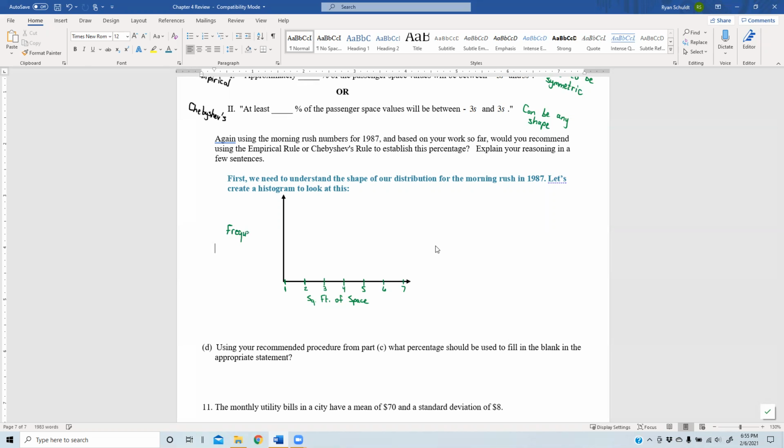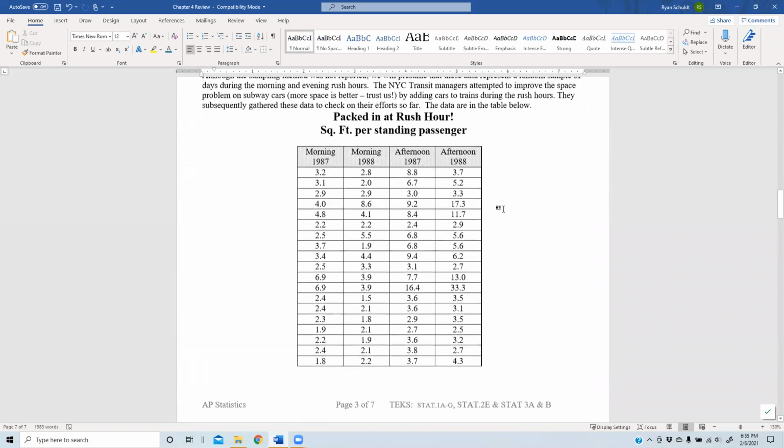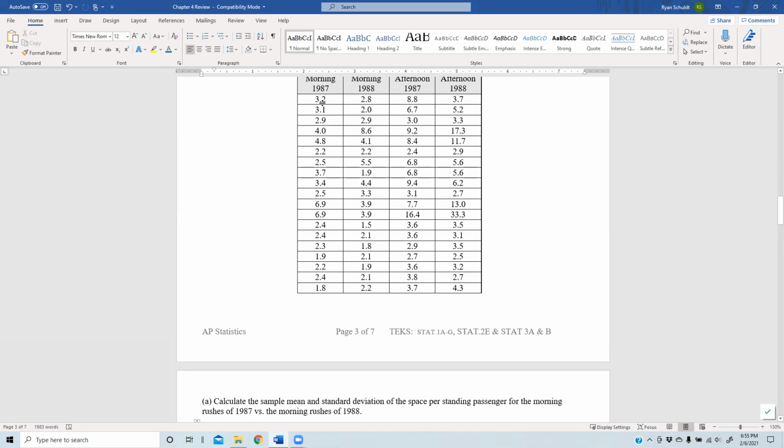We want to make it easy. Let's not do relative frequency, just do plain Jane frequency. And let's see, which one is the most popular? We need to scroll back up to the data to see. All threes, bunch of 2.